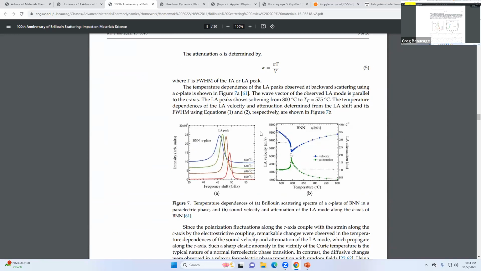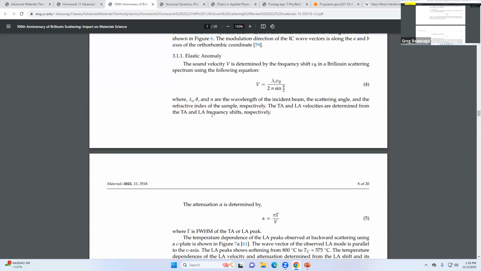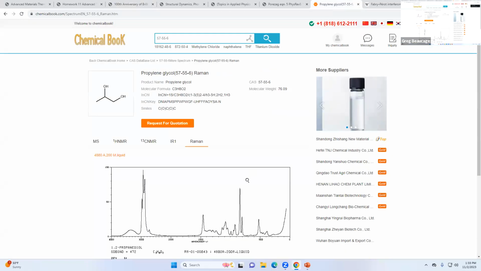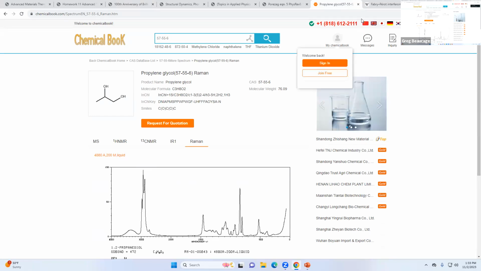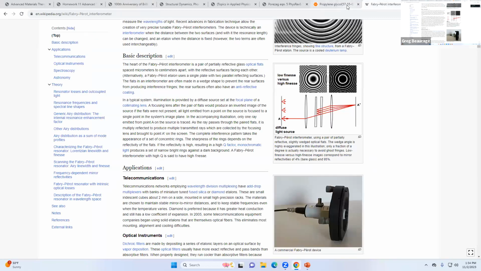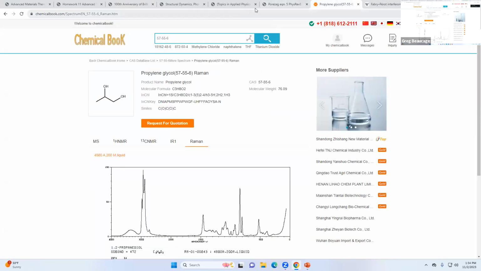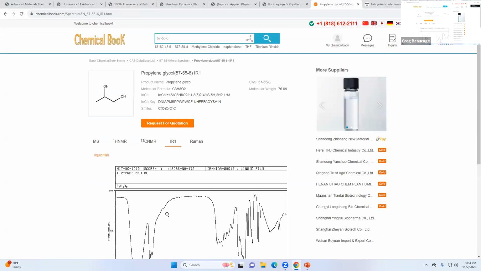So then there's the attenuation, meaning the intensity of the spikes in the Raman. Here it's the intensity, the amplitude of the intensity. Attenuation means that if you are looking at IR transmission, it drops the intensity.